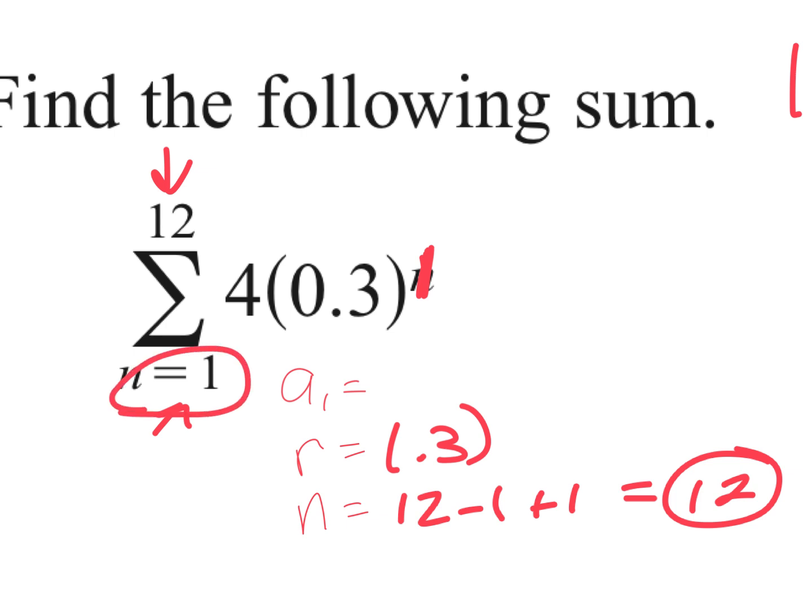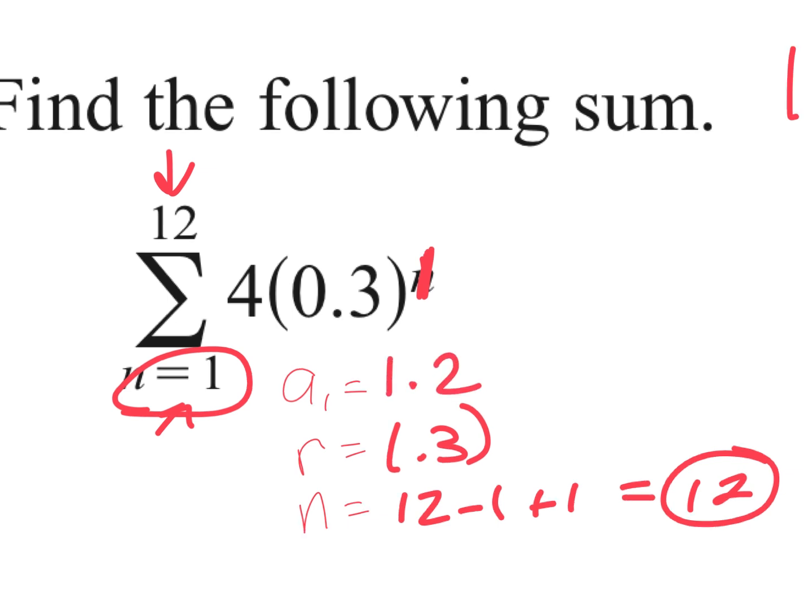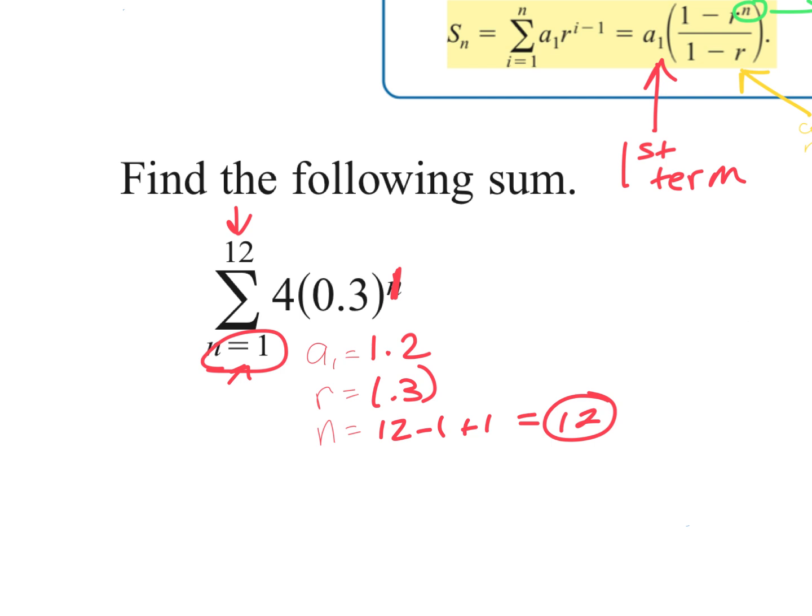If they told me to start with 7, what number would I plug in for N to find the first term? 7. There you go. The bottom number is where you start. So you would say 4 times 0.3. So your first term is 4 times 0.3 is what? I don't need to write it out. What is it? Okay, that's what I thought I heard. Just making sure. All right, so we figured all that stuff out just kind of by looking.